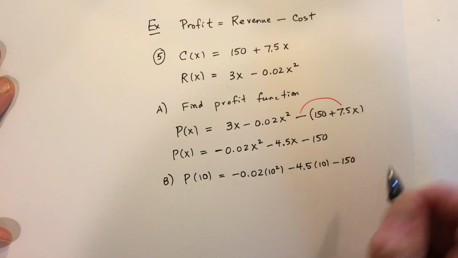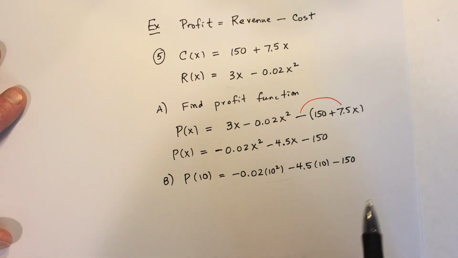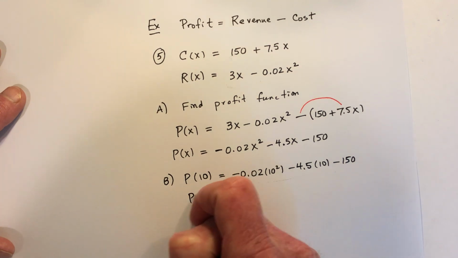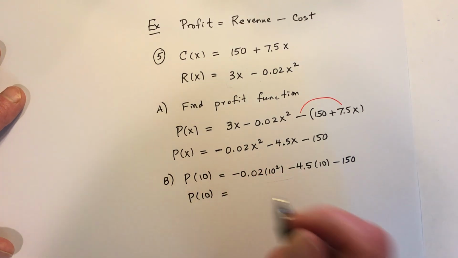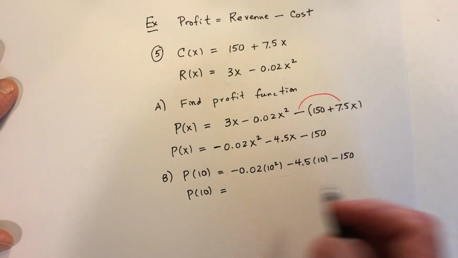Sorry, I was taking a break trying to see if I missed a negative sign or something, because this is sad. They're going to be losing money. Well, I guess they should have gone into a different business. So let's see. Negative 0.02, and then 10 squared is actually 100. I could do that part. And then minus 4.5 times 10 and minus 150. And so they're losing $197.